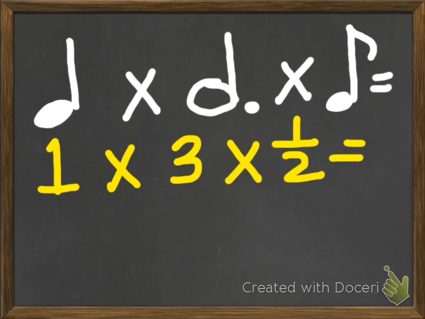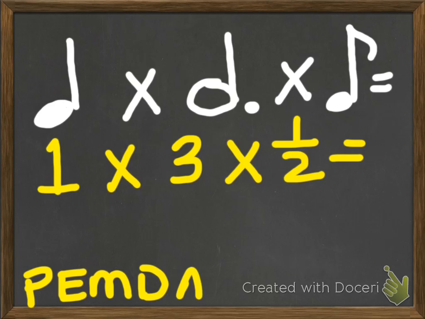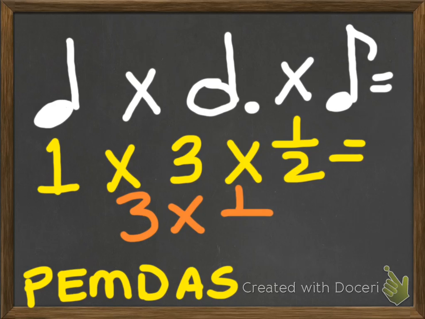Now, according to our order of operations, remember, PEMDAS: parentheses, exponents, multiplication, division, addition, subtraction. We don't have any parentheses and we don't have any exponents, but we do have multiplication, and you do them in order from left to right. So we'll multiply 1 times 3, which will give us 3 times 1/2.